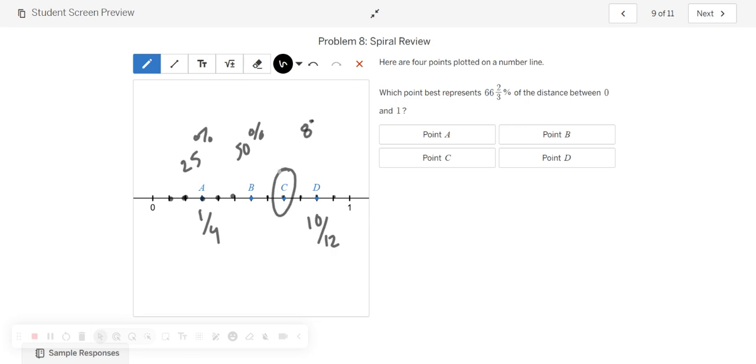It's C. Point C is going to be the 66 2/3. It's also the same as 8/12. Why can't I do that math all of a sudden? I divide by 4, I get 2/3. Okay.